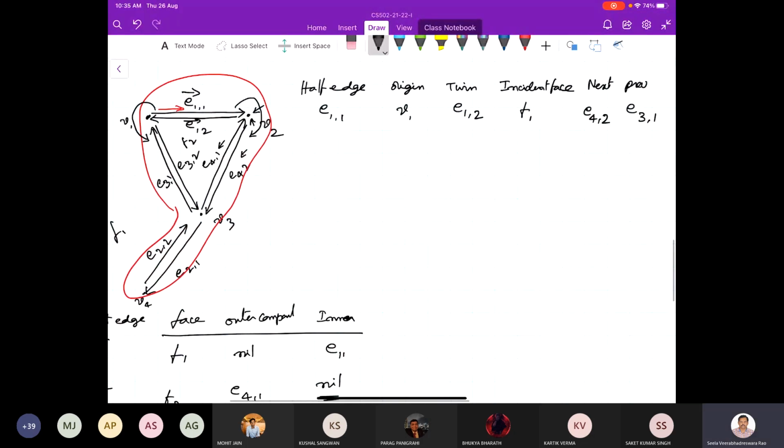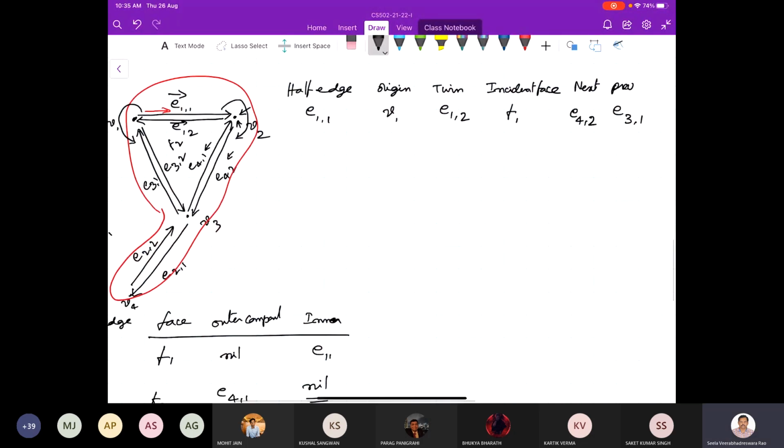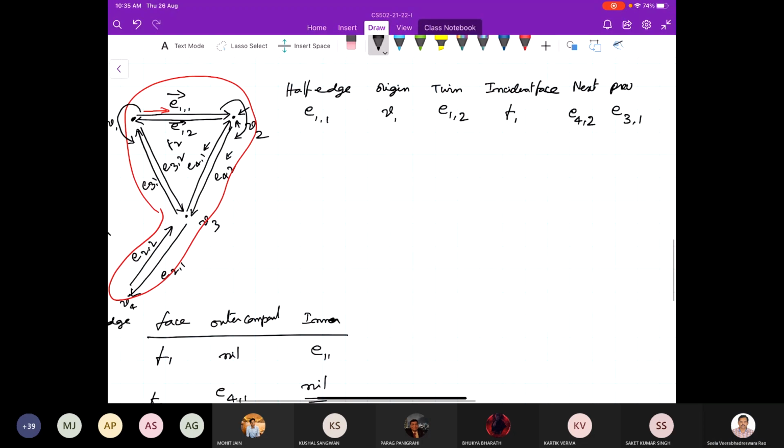Let's see the record corresponding to edge E11. So we'll keep the origin of this half-edge, the V1 here. And what is the twin edge corresponding to E11? The other half-edge corresponding to E11, that is E12. And on which face is it incident?